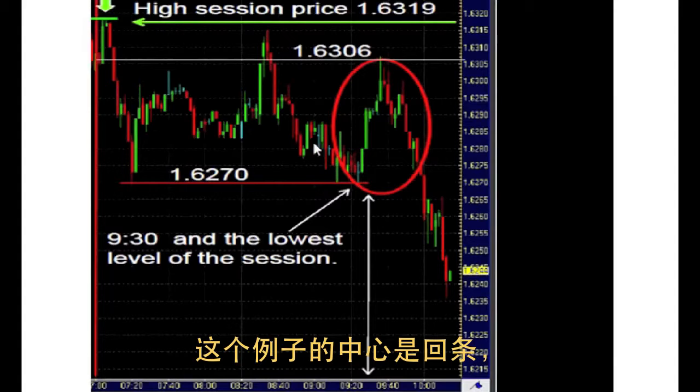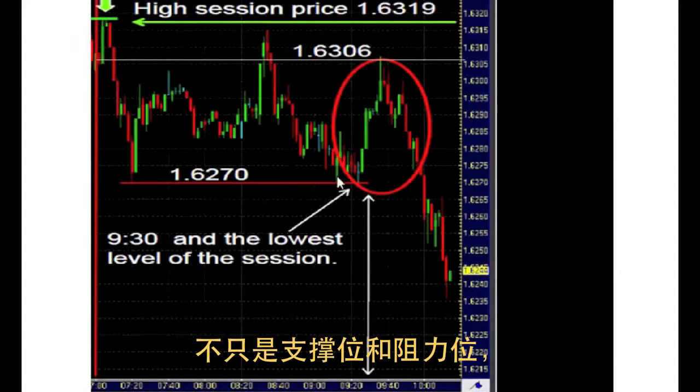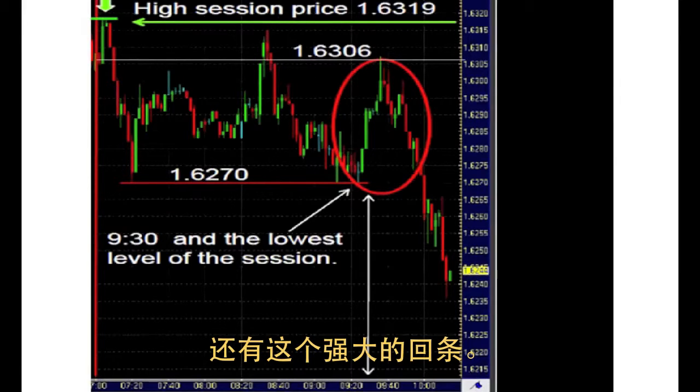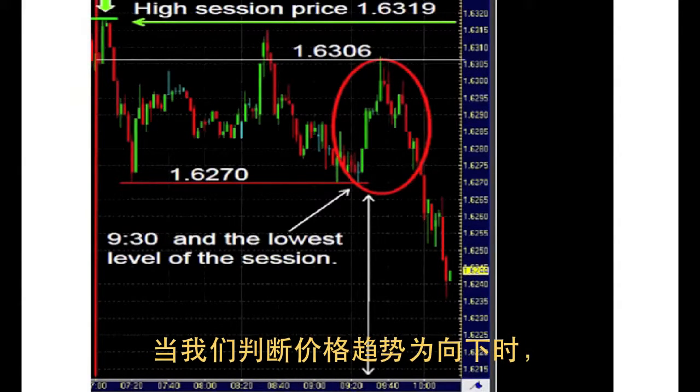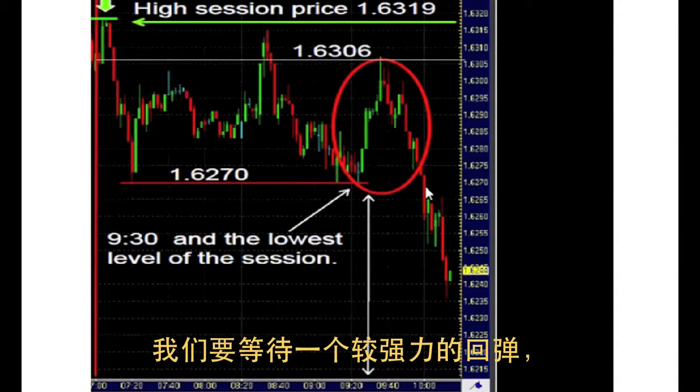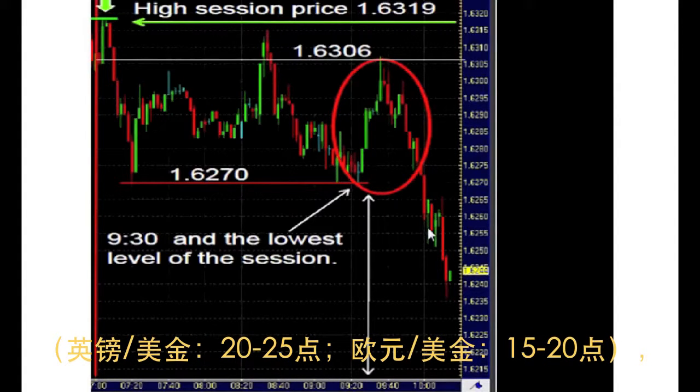Once the trend was down, at least we thought it was down for the moment, we had a pullback of more than 15 to 20 pips to eventually have the price come back down and make a newer low, giving us a better indication of a downtrend.